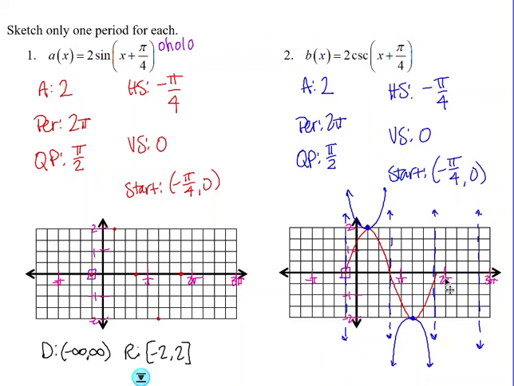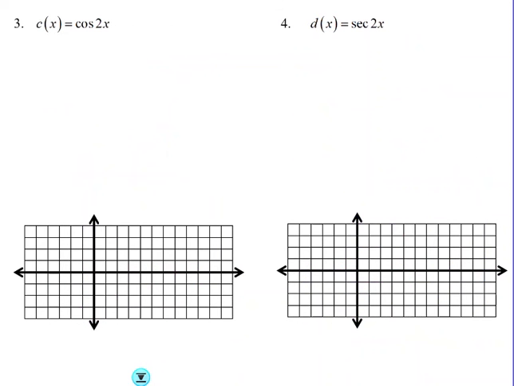So let's continue with our last couple examples. Here we're going to look at cosine and secant. We have cosine of 2x and secant of 2x. So here our amplitude is 1. The period is 2 pi divided by 2, which is pi.